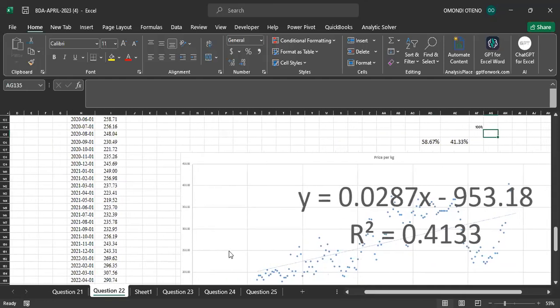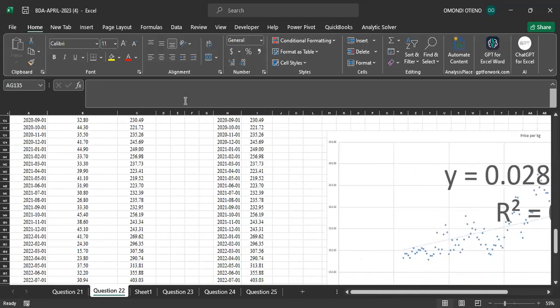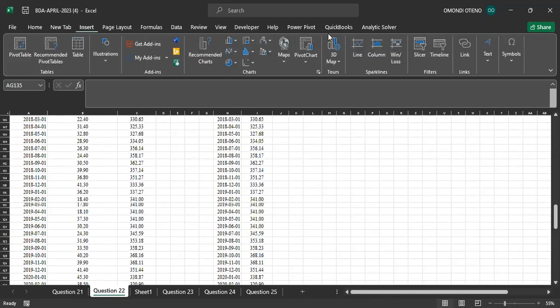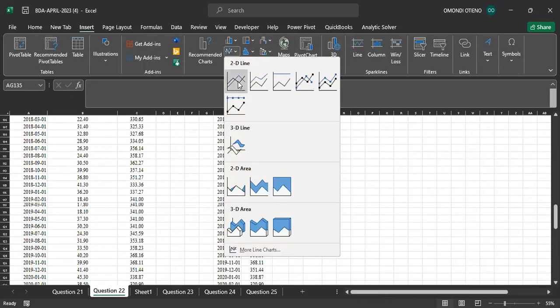The question was draw a line graph, but we have used a scattered graph. Are they the same? Okay, let's do that. Remember, this is what will be happening. If you draw a line graph, you are going to have two different data sets, right?